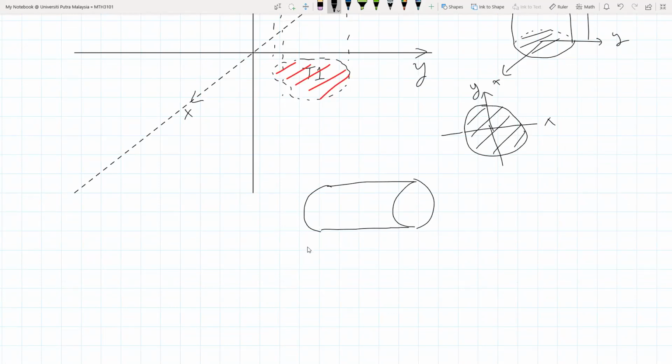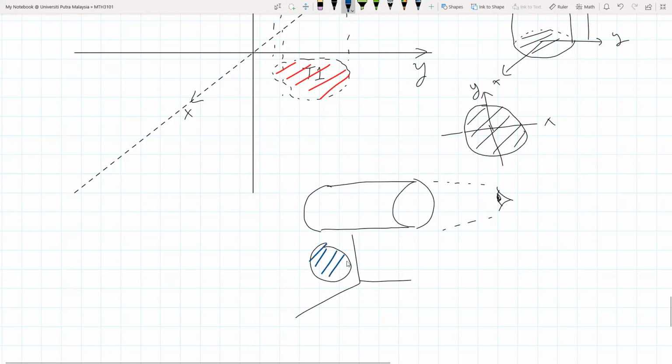Now, if I want to find the volume of this solid pipe, and I look in this direction, I can see that the projection is on the XZ plane.